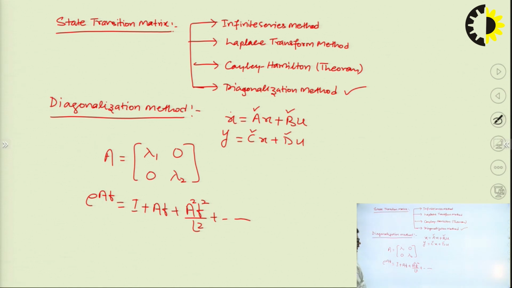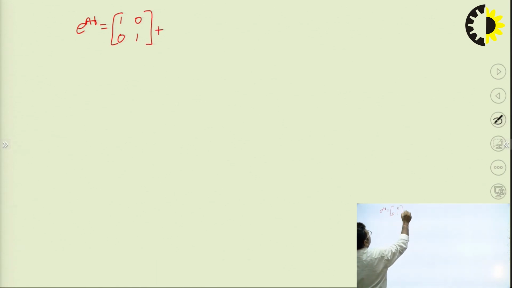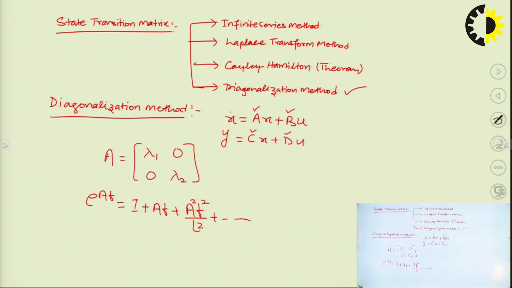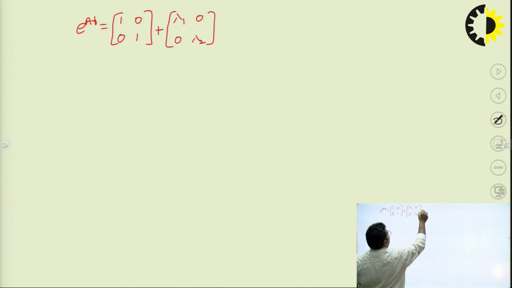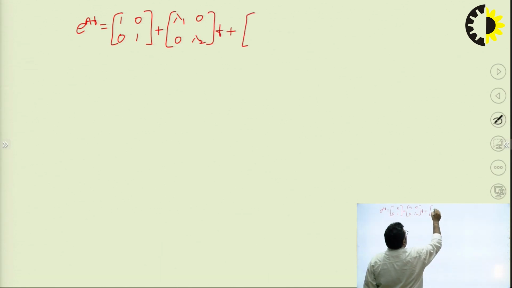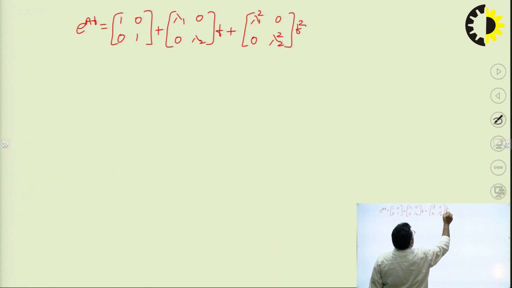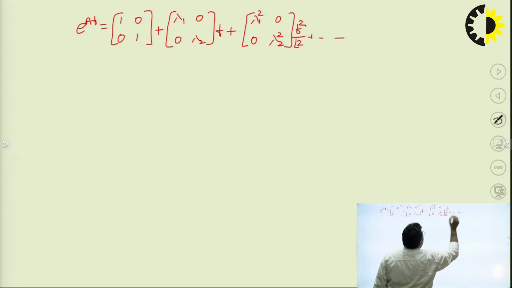If I put the value of A, then e to the power At equals the identity matrix, 1 0 0 1, plus lambda 1 0 0 lambda 2 into t, plus A squared, that is lambda 1 squared 0 0 lambda 2 squared, into t squared by factorial 2, and so on.